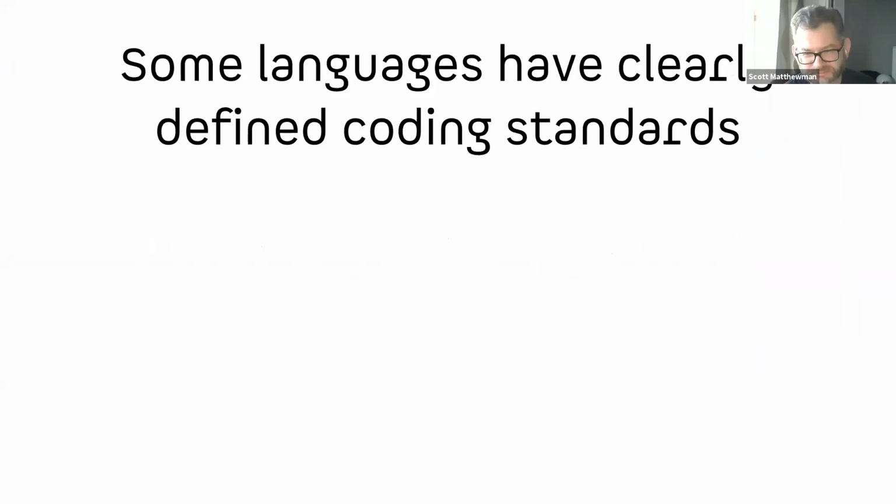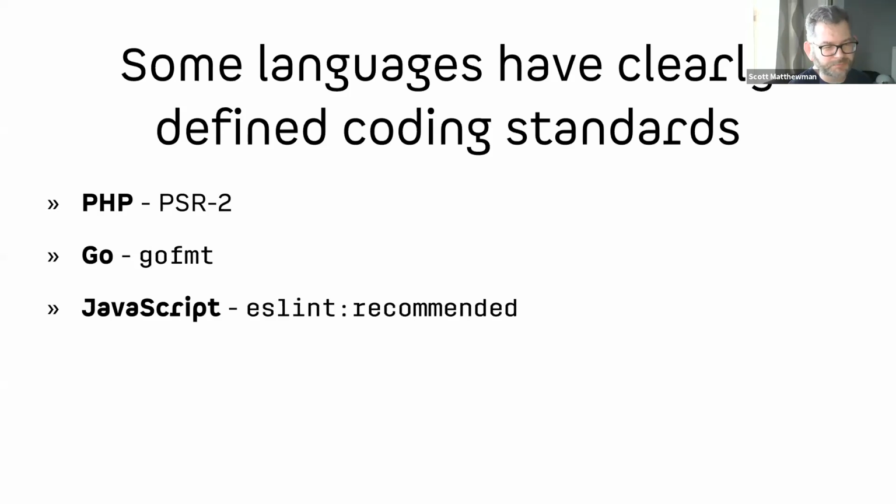It could be because some languages have clearly defined coding standards. If you've worked in PHP, you might have heard of PSR2. Go has a tool, Go format, that actually reformats your code according to a very strict set of rules, but Go's quite small, so it can get away with that. JavaScript, obviously a very big language.